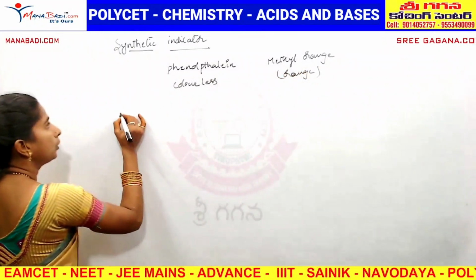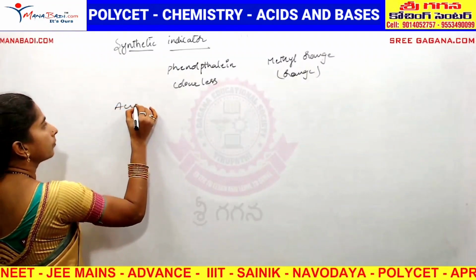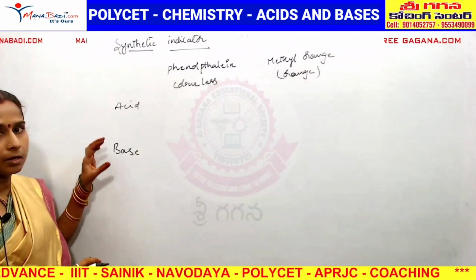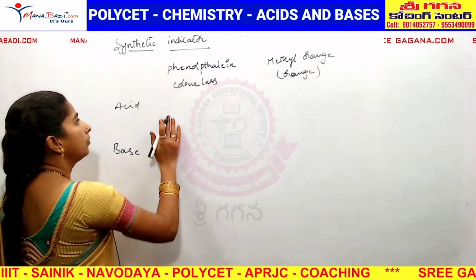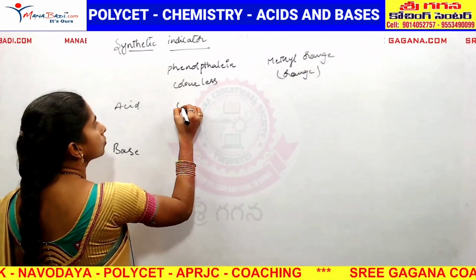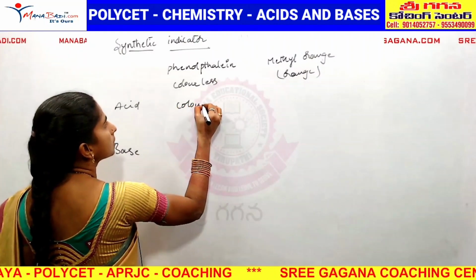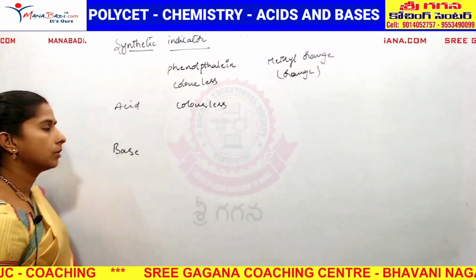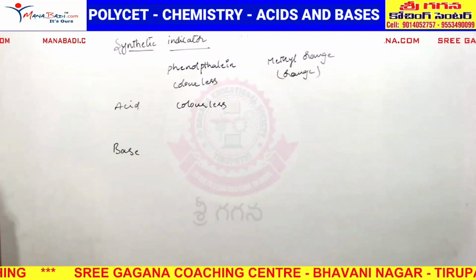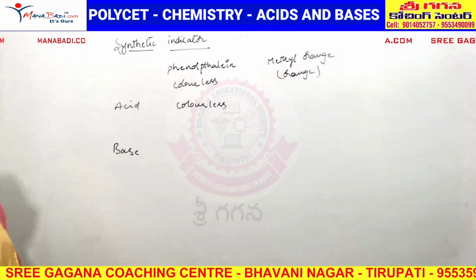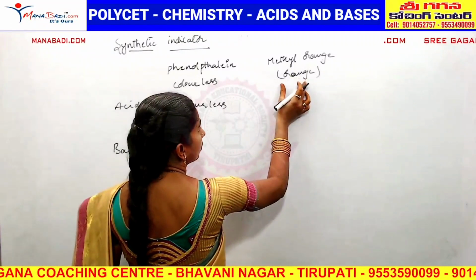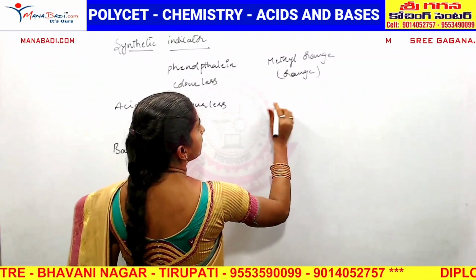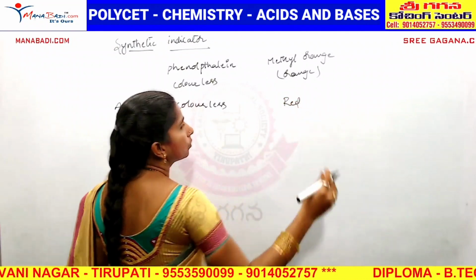If we add them to acid and base: phenolphthalein is colorless, so with acid it is also colorless. Methyl orange is orange color, but with acid it turns to red.